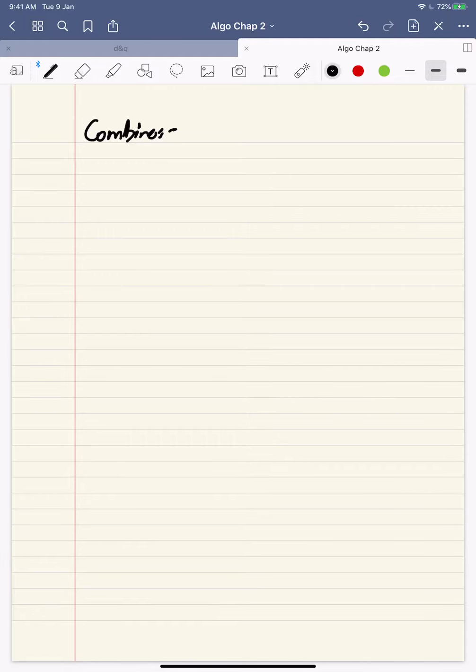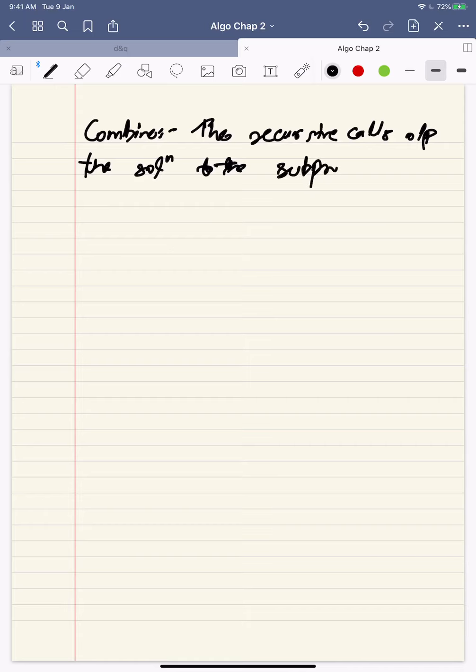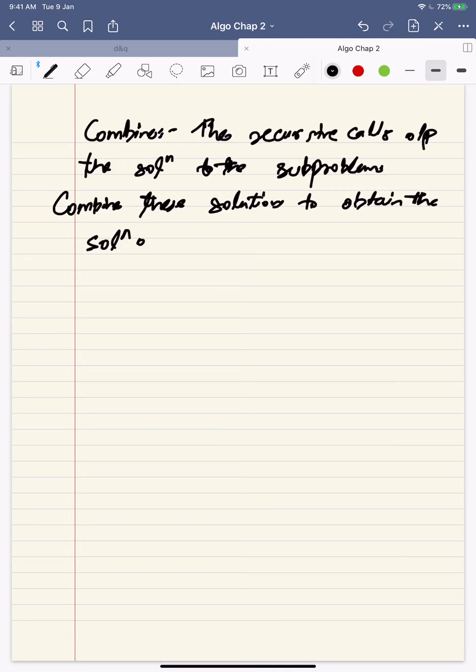So the recursive calls output the solutions to the subproblems. Now you have to combine these solutions to obtain the solution of the original problem instance.